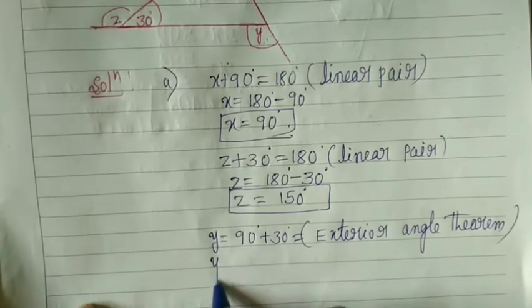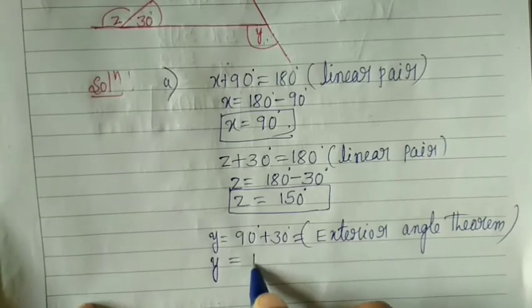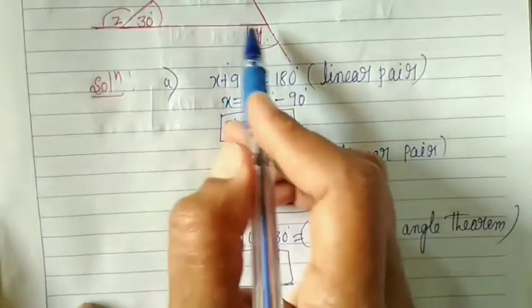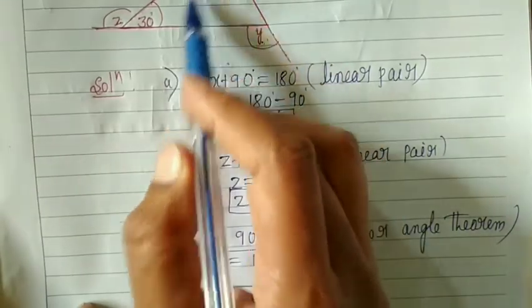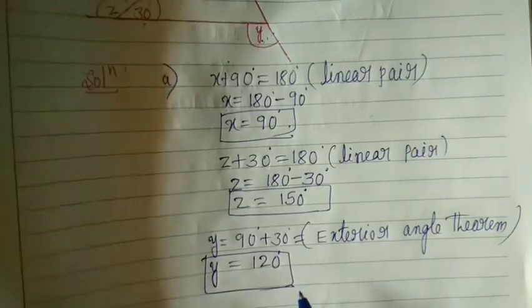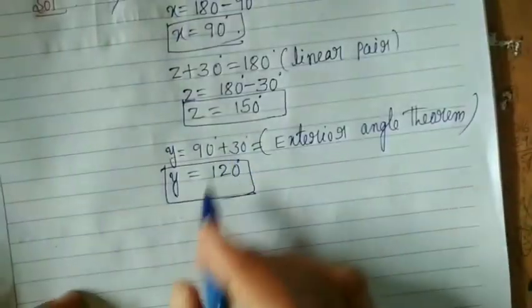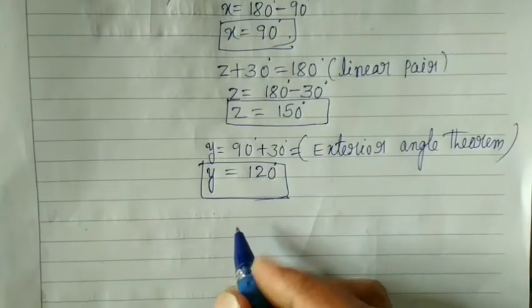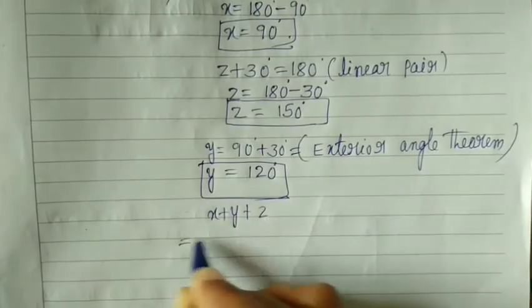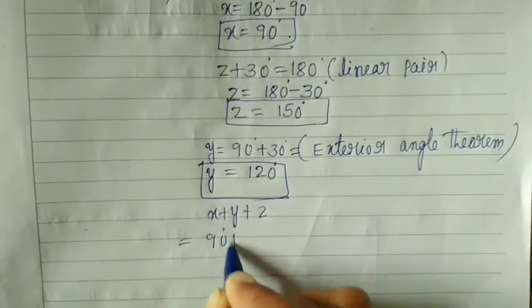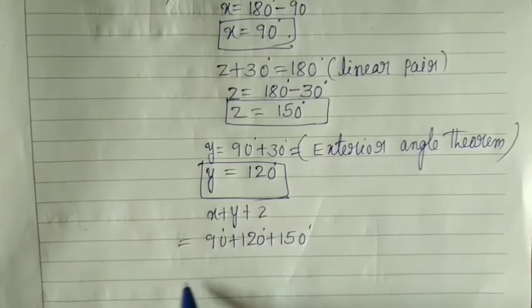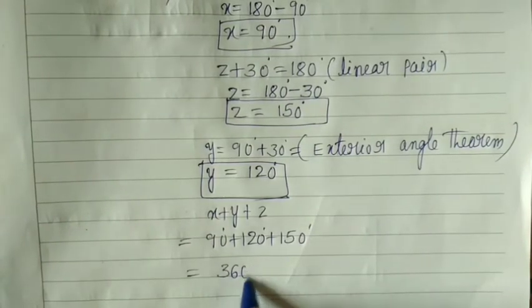So, y is equal to 120 degree. Therefore, at last, x plus y plus z is equal to 90 plus 120 plus 150 is equal to 360 degree.